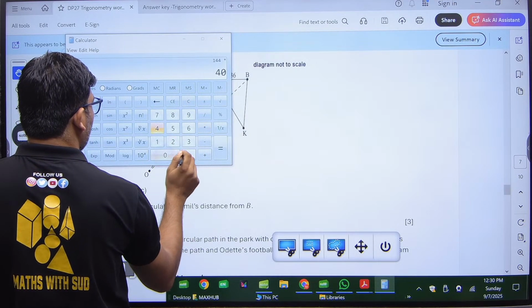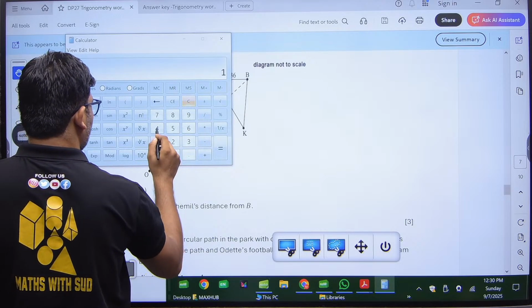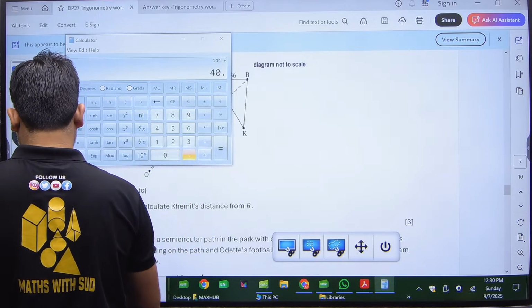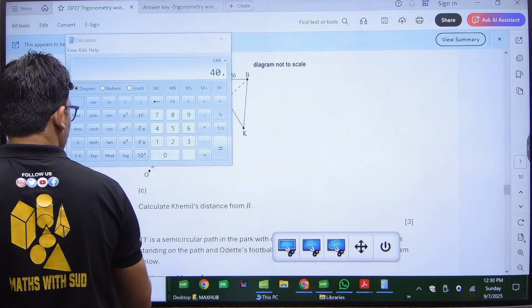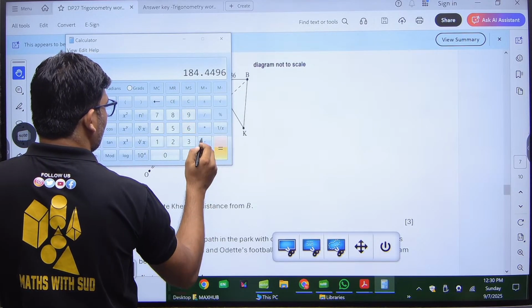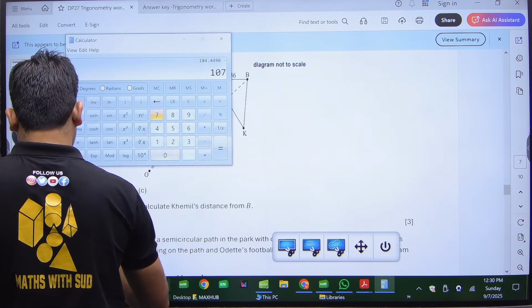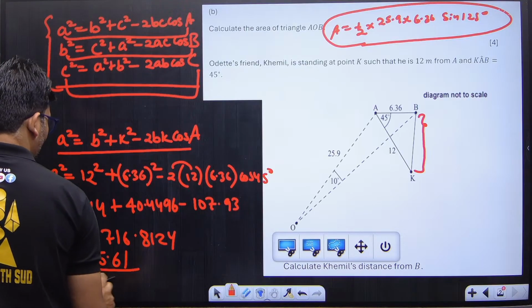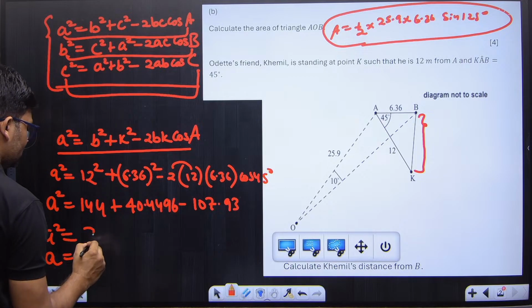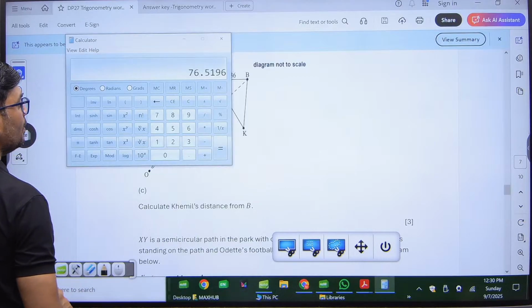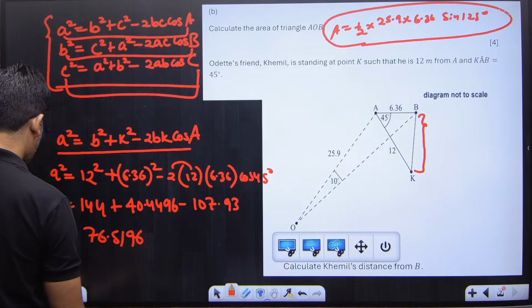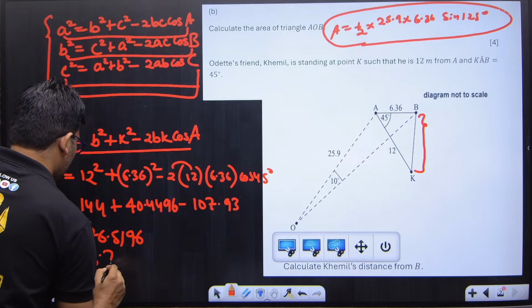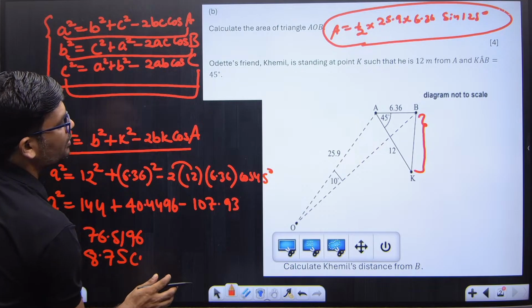I multiplied 144 plus 40.4496 minus 107.93 and got 76.5196. If I find the square root of this number, I am getting 8.74, that is 8.75 centimeter or meter.